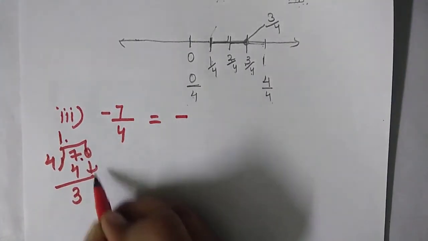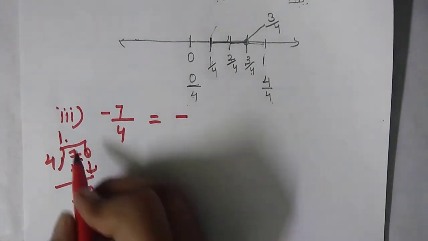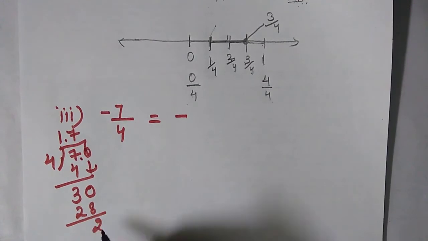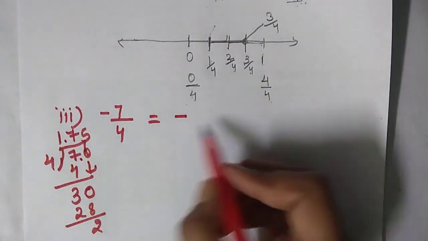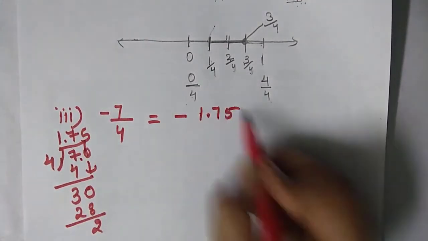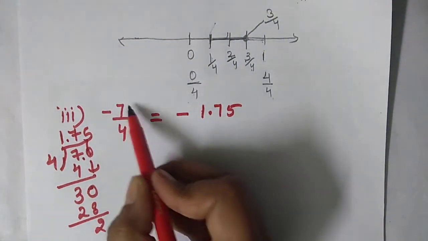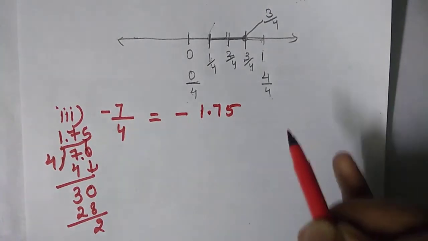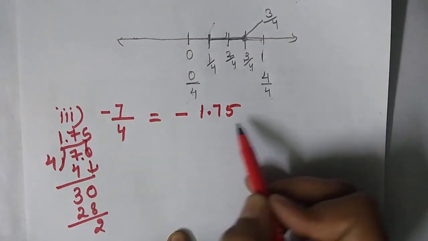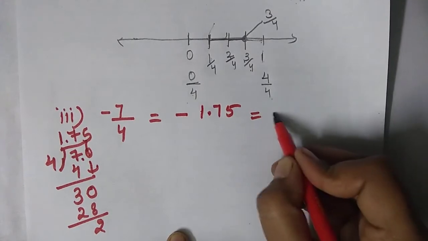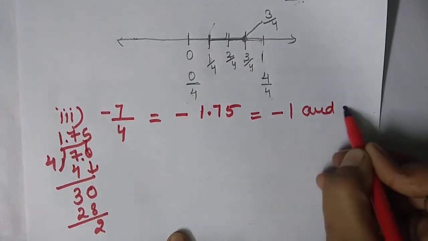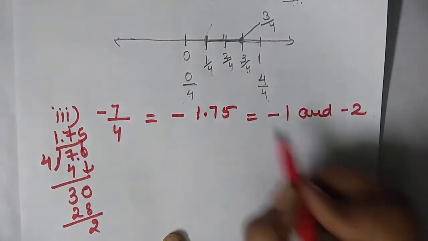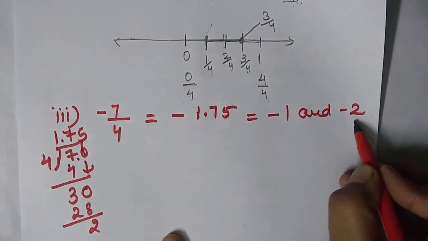Now take a 0 downwards, so 30. Now 4 7s are 28, and 5. It means it is minus 1.75. Okay, this minus 7 by 4 is equal to minus 1.75. So this minus 1.75 lies between minus 1 and minus 2.